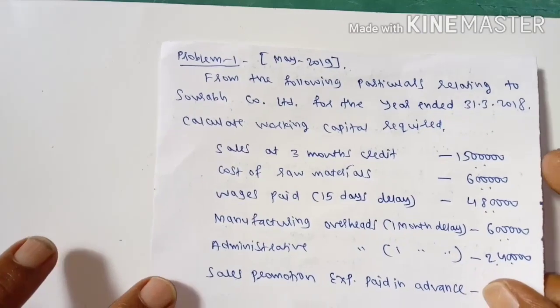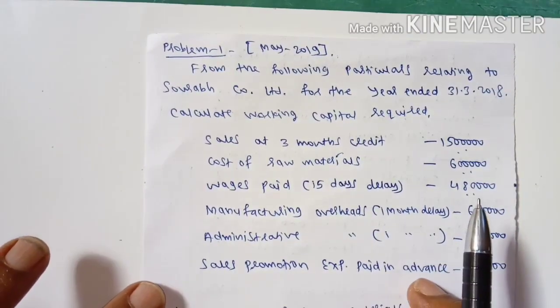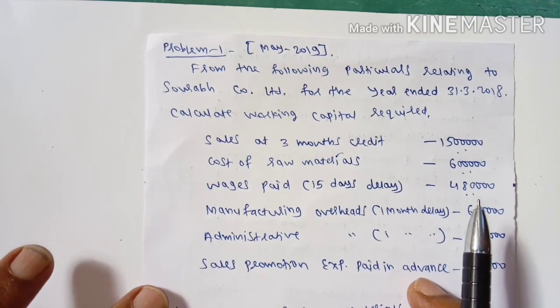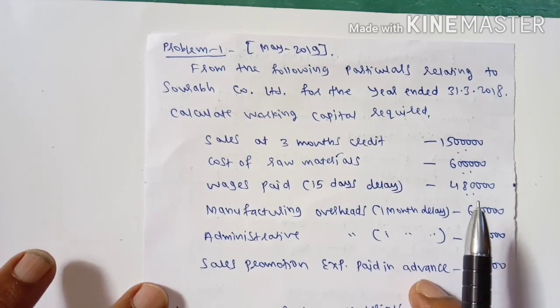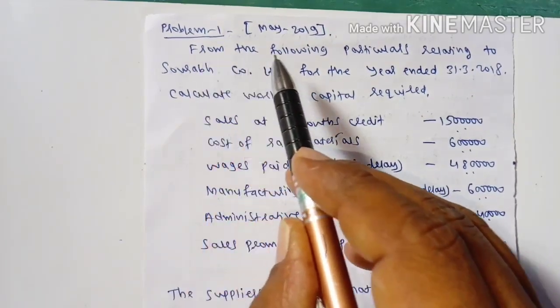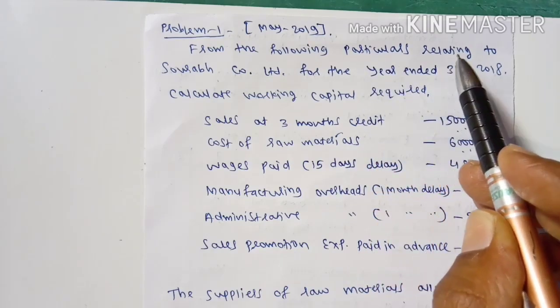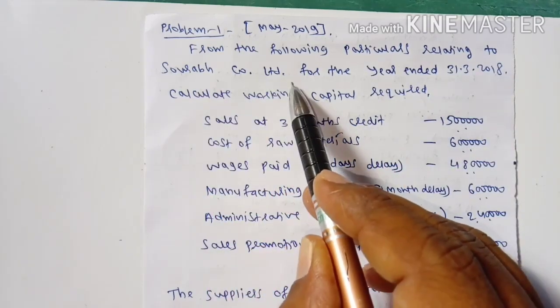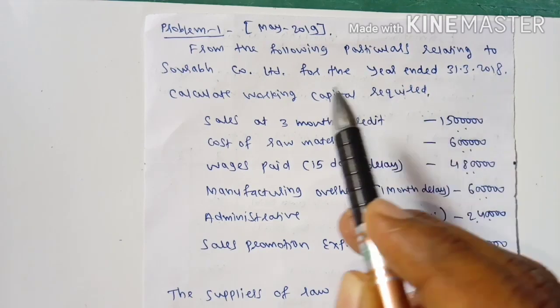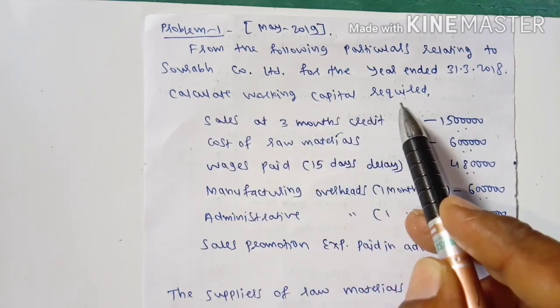Now I have selected a problem which has been asked for Rani Channamma University Belgavi in May 2019. So I will just read the problem. From the following particulars relating to Saurabh Company Limited for the year ended 31/3/2018, calculate working capital required.